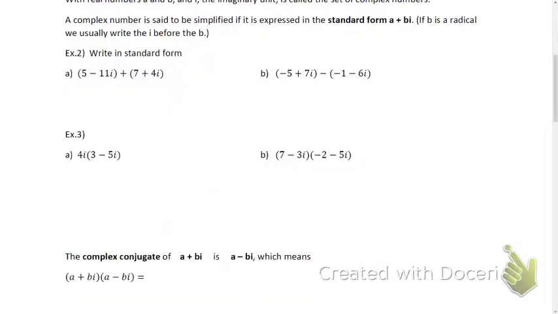So the nice thing with number 2 and kind of with number 3 is we just need to combine like terms. This plus sign right here tells us we are not multiplying.